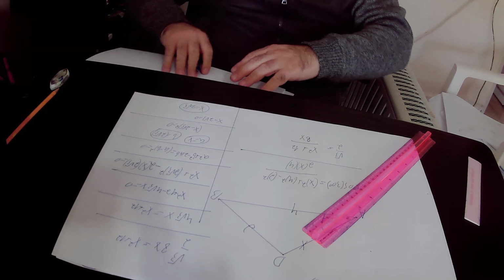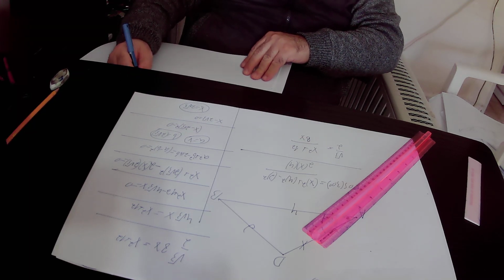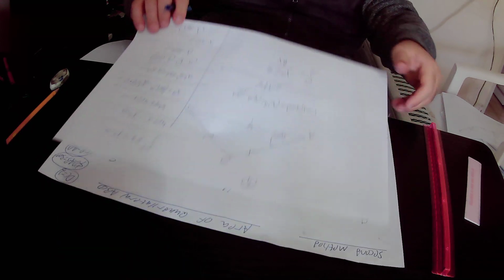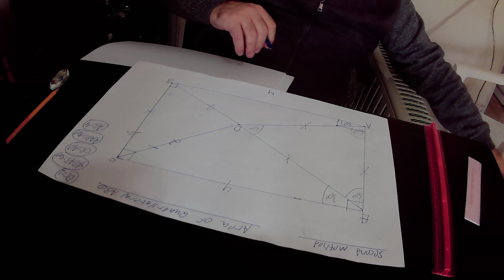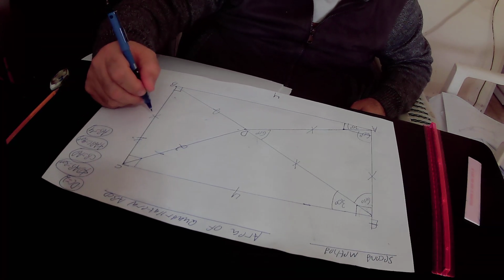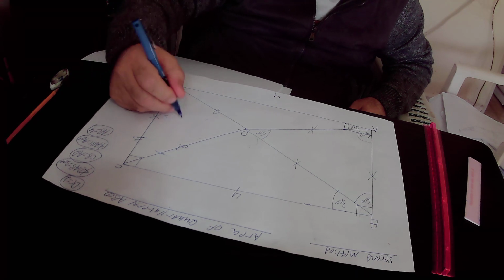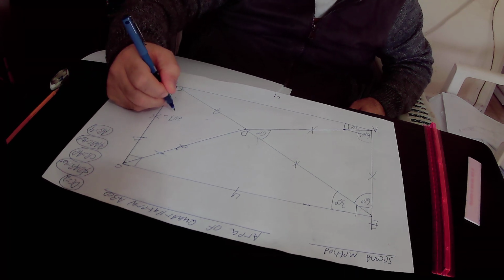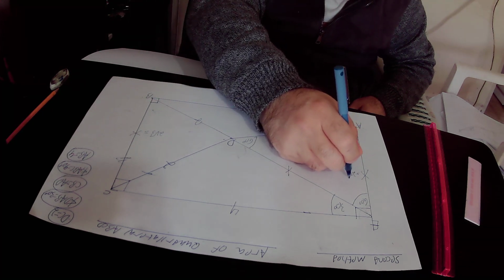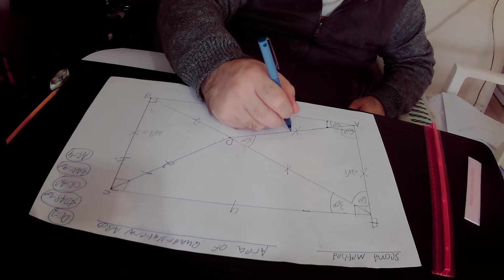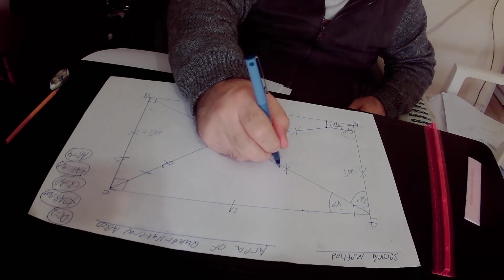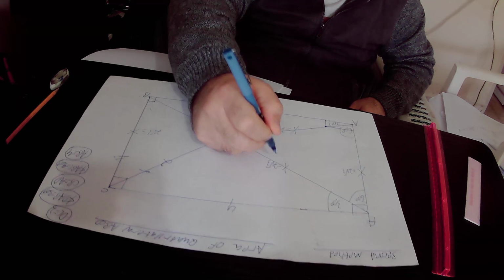So we found out that x equals 2 times square root of 3 units, and here also, and here, and here also x equals 2 times square root of 3 units.